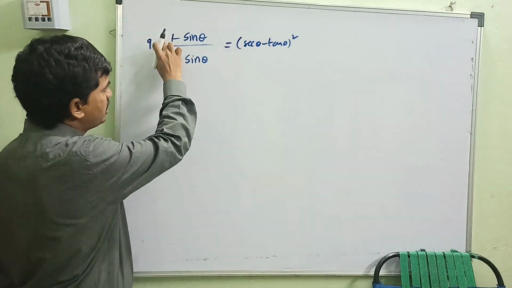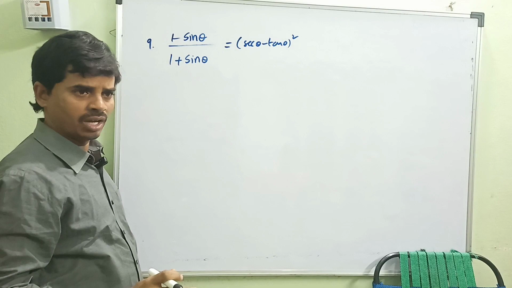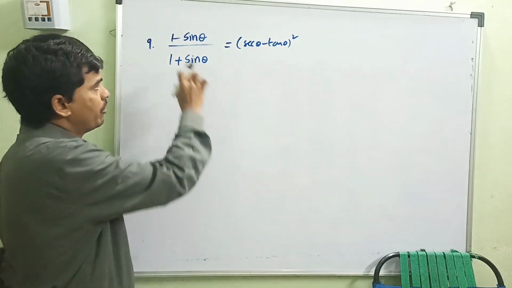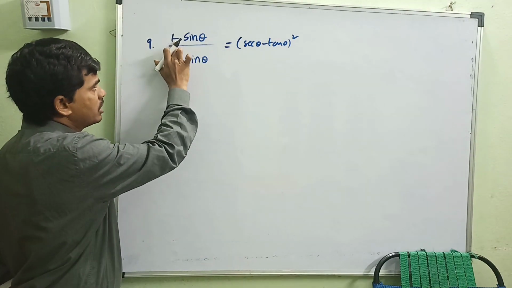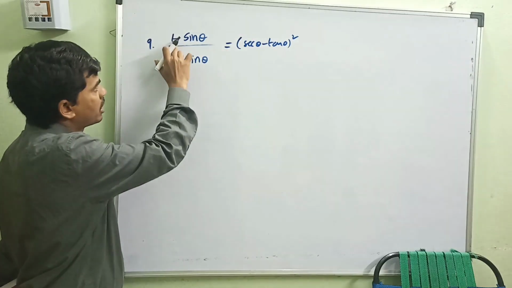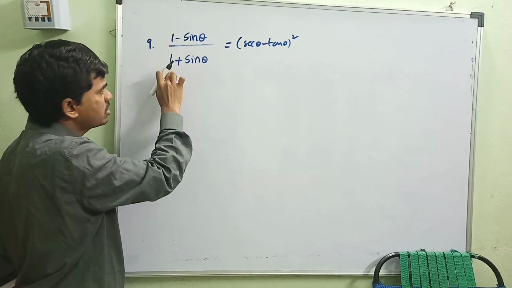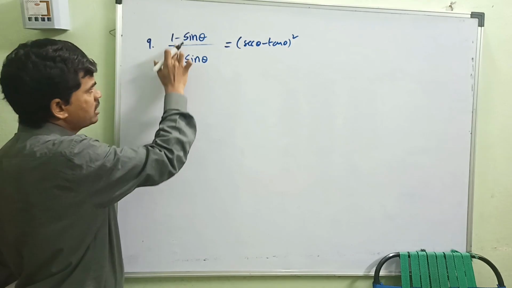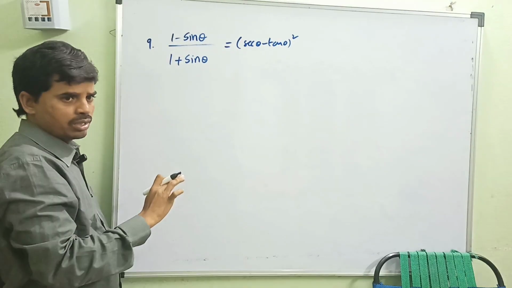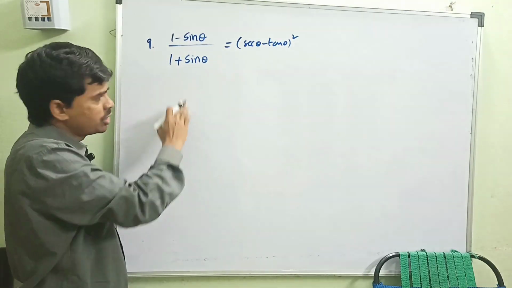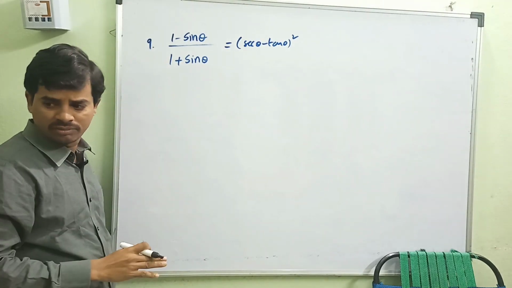So for this, when this type of situation comes, where the terms are the same but just the sign is different, 1 minus, 1 plus, here plus, here minus, only that differs. Numerator terms are 1 and sin theta, denominator terms are 1 and sin theta only.